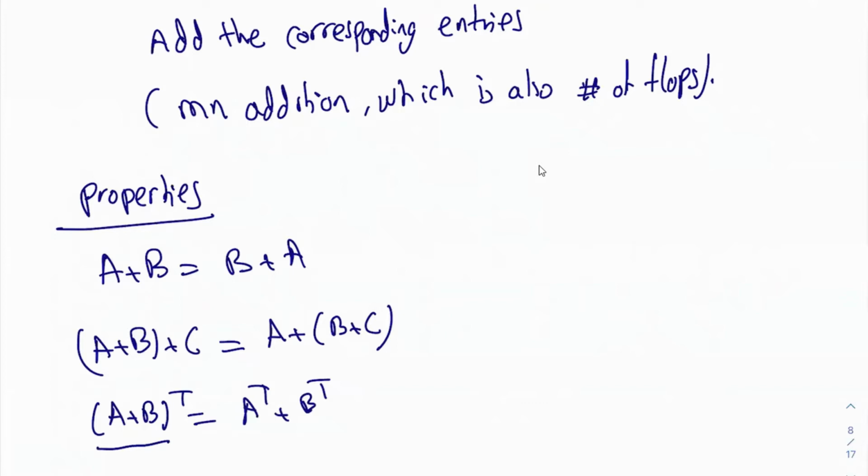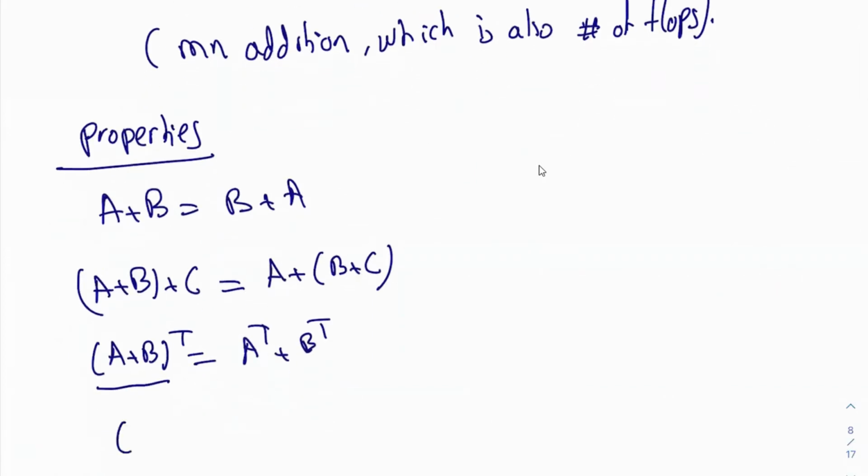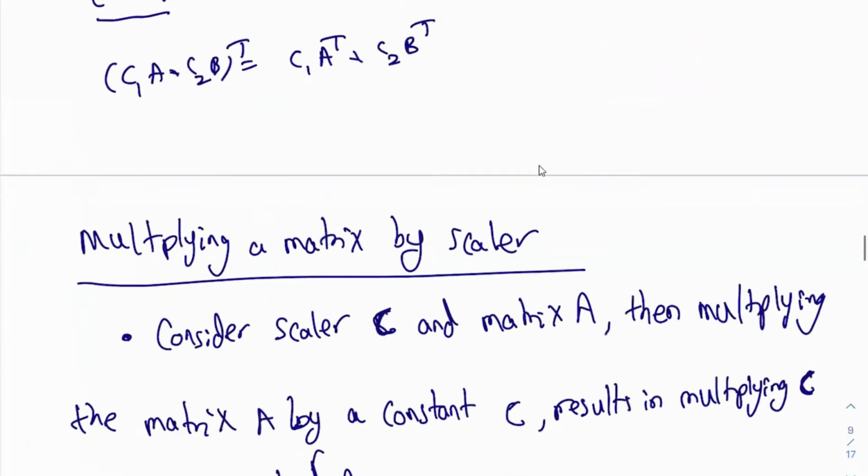So it's like transpose is a linear operator, right? So A plus B transpose is A transpose plus B transpose. As a matter of fact, let's use c1 A plus c2 B transpose is equal to c1 A transpose plus c2 B transpose. Scalar really does not change anything.